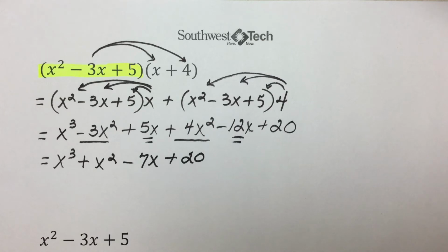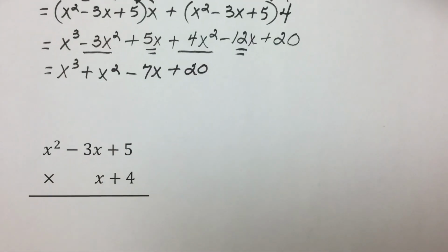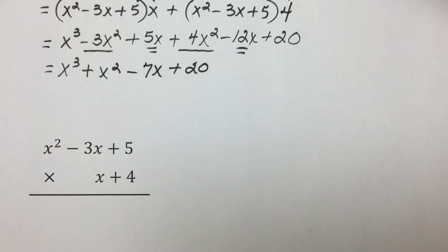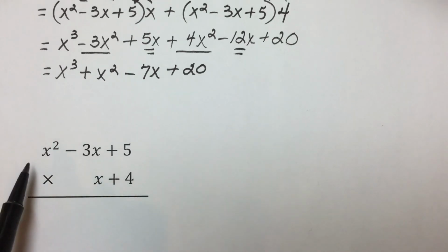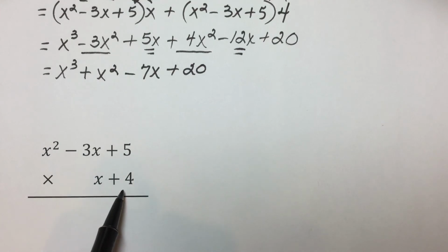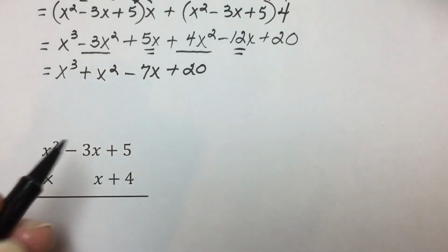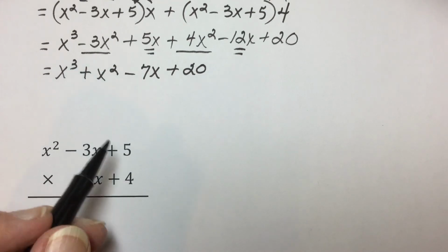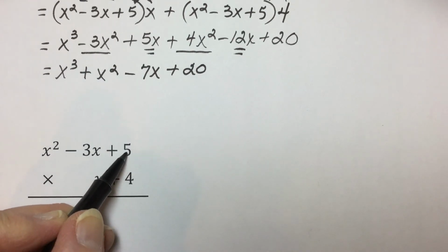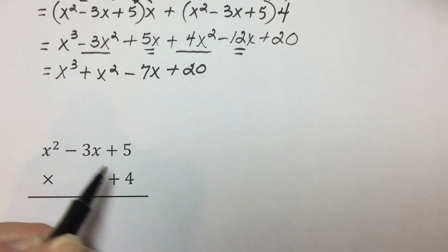Another possible way of multiplying two polynomials together, besides the distributive approach just shown, is to think of this as you would multiply whole numbers in columns and then add the results together. So here I have the same trinomial multiplied by the binomial that we just saw, and doing the multiplication here with the columns, I'm going to take 4 times each one of these terms.